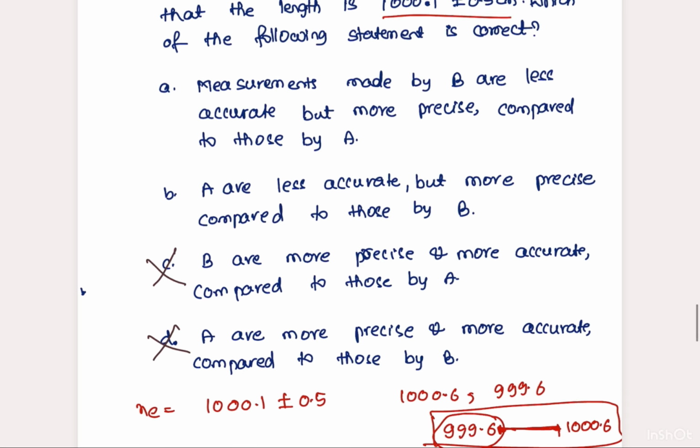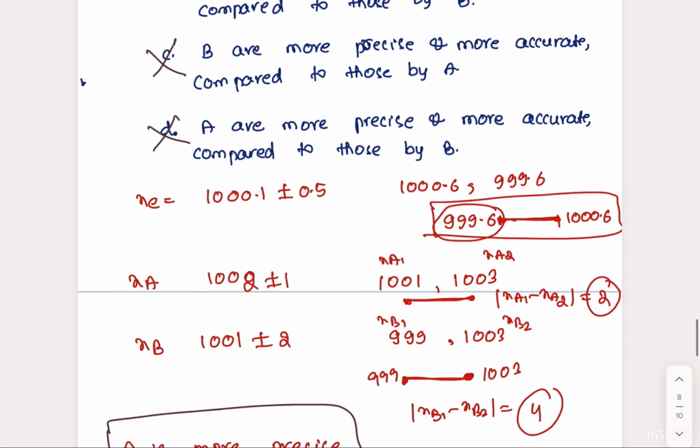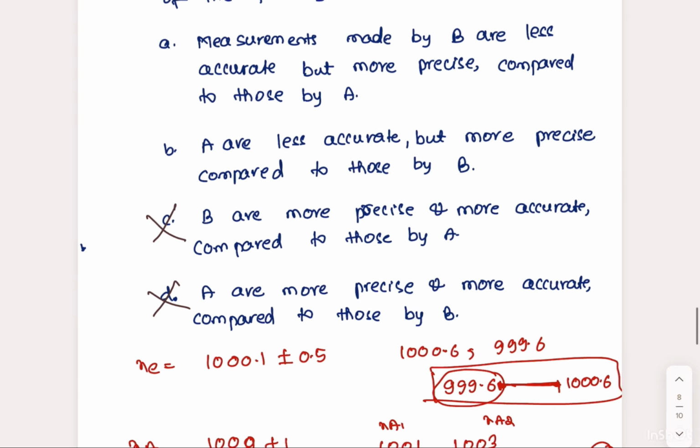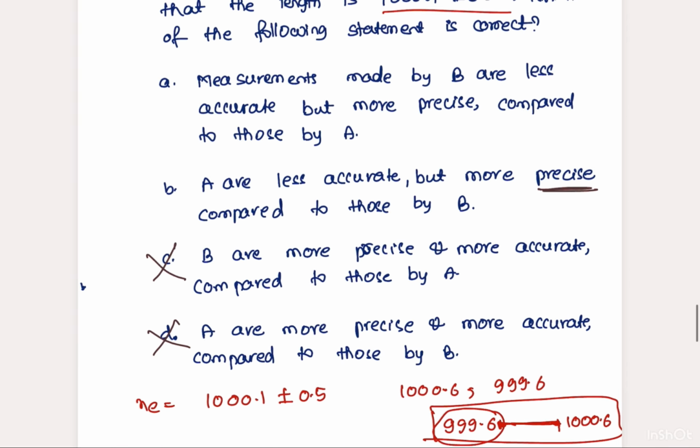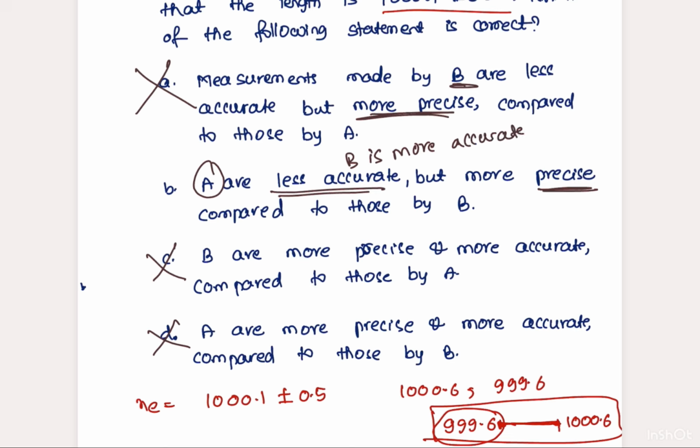A is less accurate but more precise compared to B. So A is more precise and less accurate, because B is more accurate. B is more accurate implies A is less accurate. Therefore option 2 is the correct option.